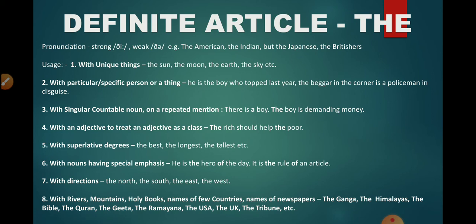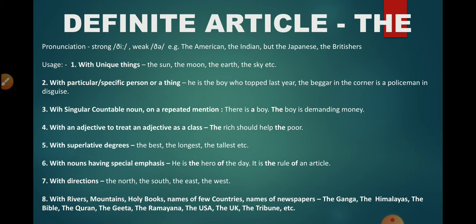The third rule goes like, with a singular countable noun on a repeated mention. Here special focus is given to a repeated mention.